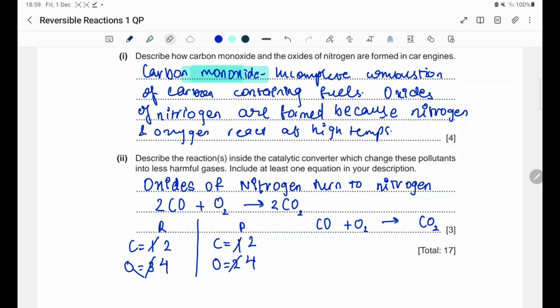So your first mark is for the reaction where the oxides of nitrogen are turned to nitrogen. Your second mark is for carbon monoxide and oxygen making carbon dioxide. And your third mark is for the balancing right here.